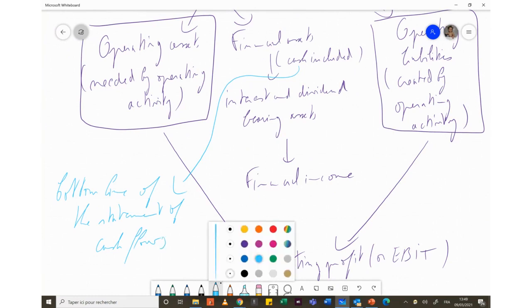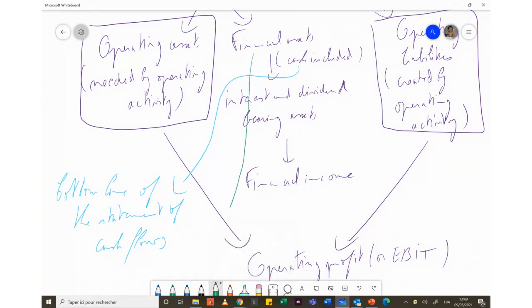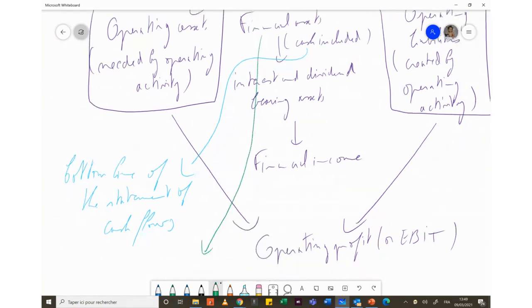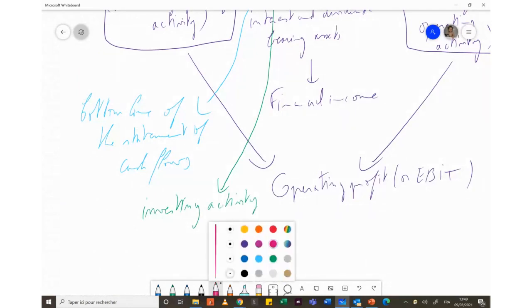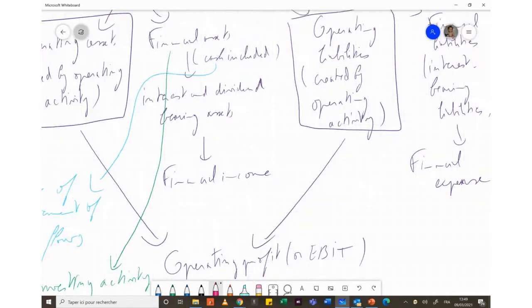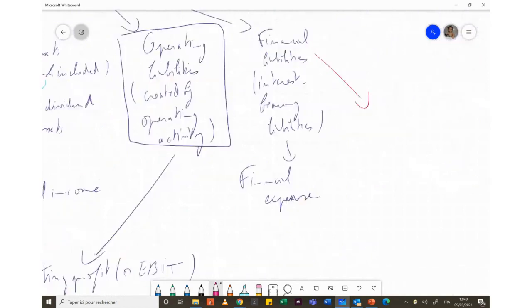The other financial assets are included in the investing activity. The financial liabilities are included in the financing activity.